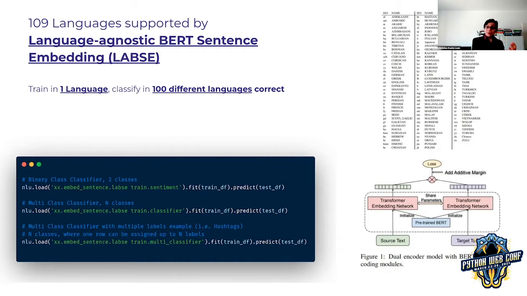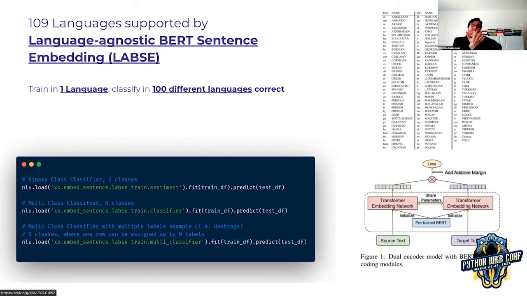The original BERT was trained on an English data set, so it only made sense to use it for English problems. But smart people at Google created the language-agnostic BERT embeddings that were trained on 100 languages at the same time. And it takes away this limitation that I have one embedding and it only works for one language and you need to make 100 embeddings.